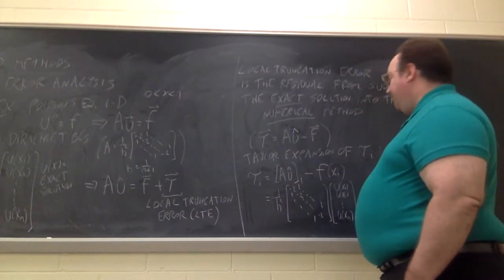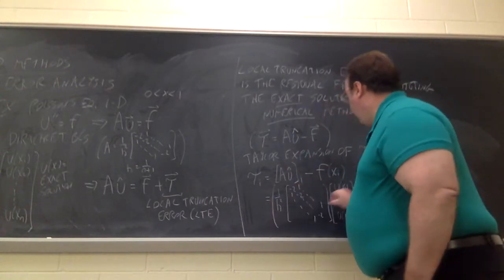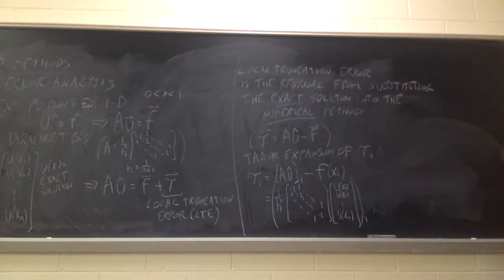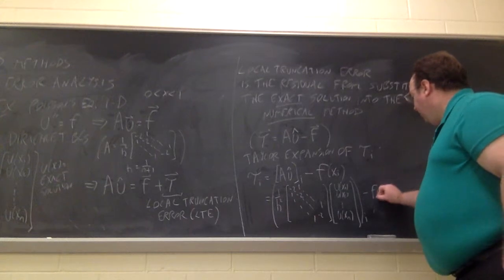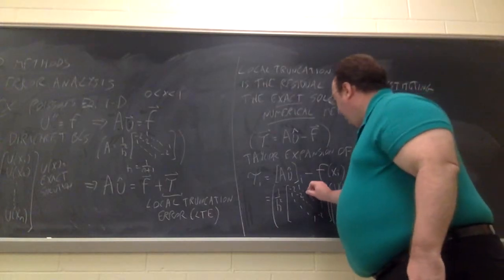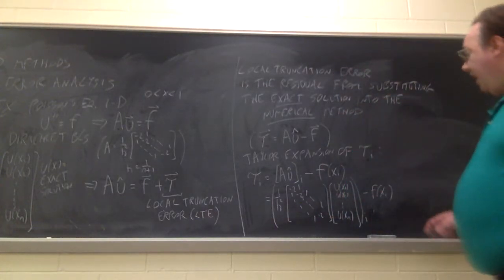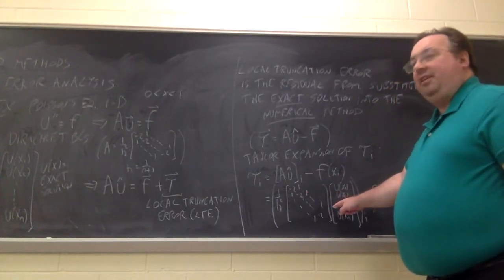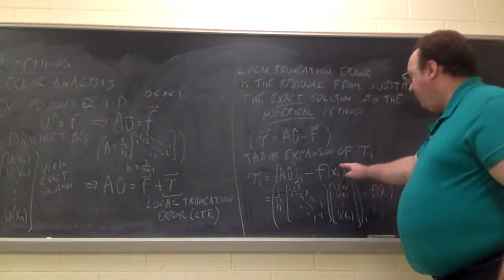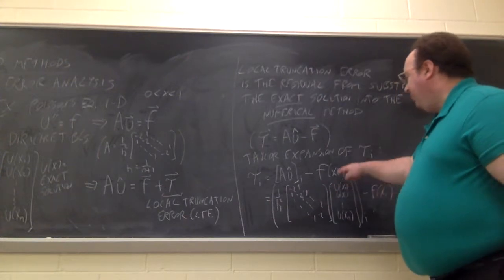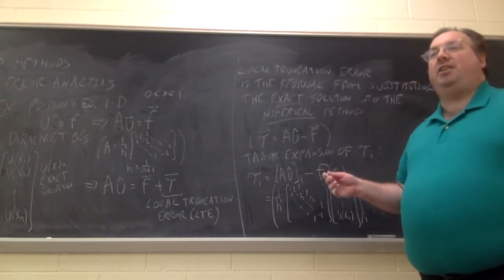Now, all this is a vector, but I only want one component of it, component number i, and then minus f of x_i. Oh, there should be a 1 sitting here. So I want to take row i of this matrix and multiply that with this vector. If I'm taking one row of this matrix and multiplying by this column, that's a dot product.